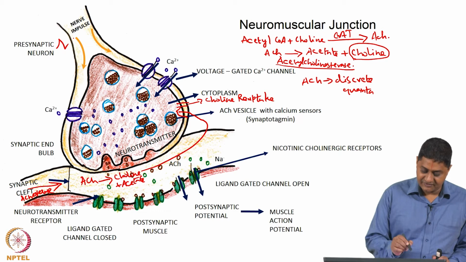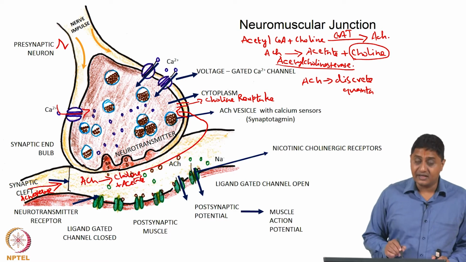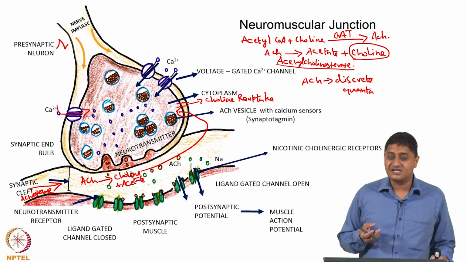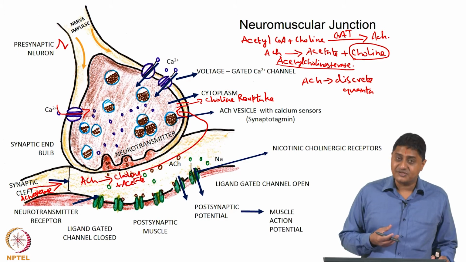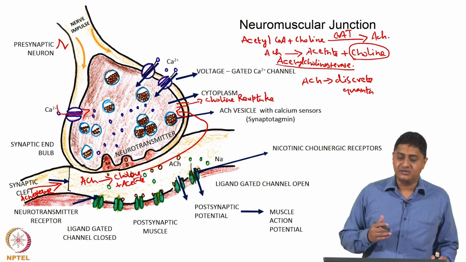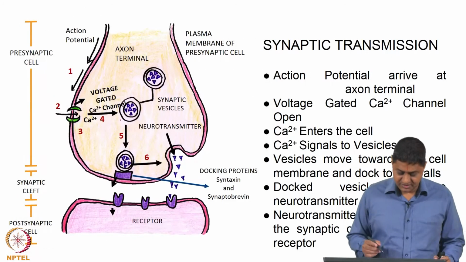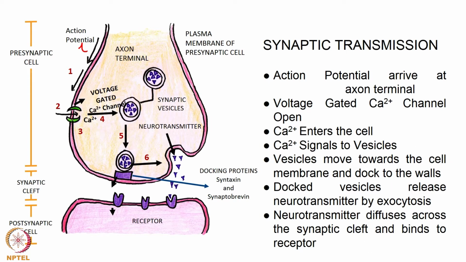So, when an action potential arrives here, the calcium channels open, letting in a lot of calcium, and synaptotagmin senses the presence of this calcium. Synaptotagmin is the calcium sensor on the vesicle. It moves the vesicle closer to the cell membrane.